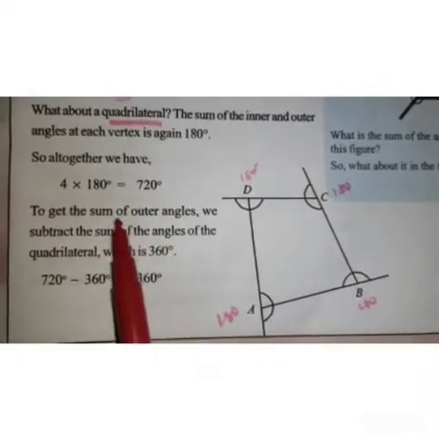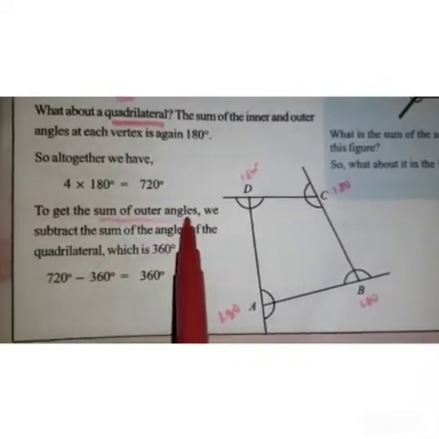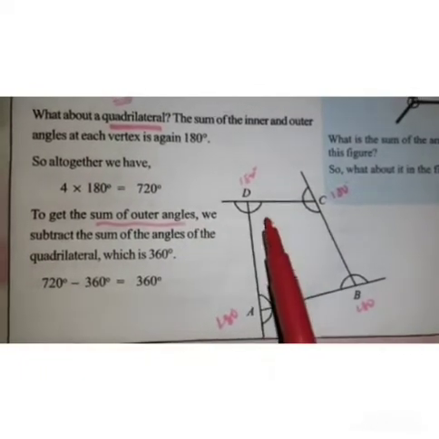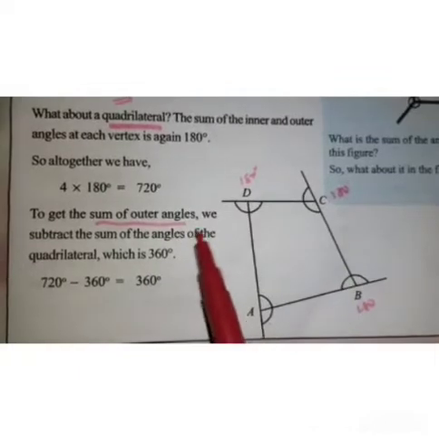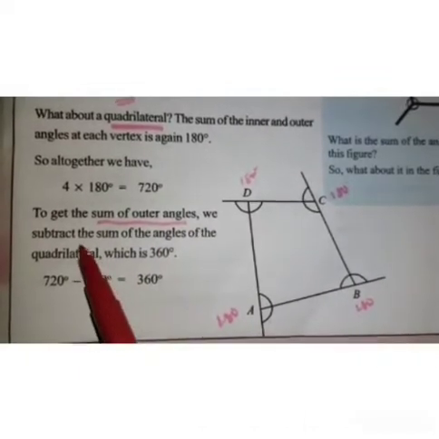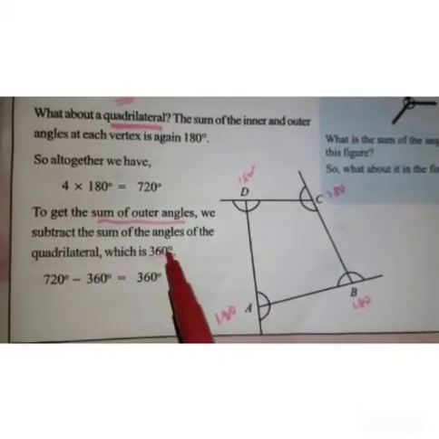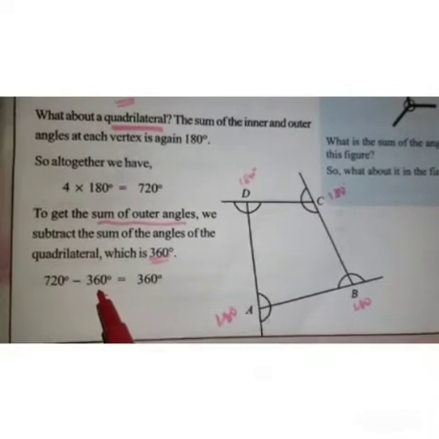Then to get the outer angle alone, find out the sum of outer angles. What do you have to do? You have to subtract the 4 angles inside. Subtract the sum of angles of a quadrilateral. Sum of angles of a quadrilateral is how much? 360. So that 360 should be subtracted.